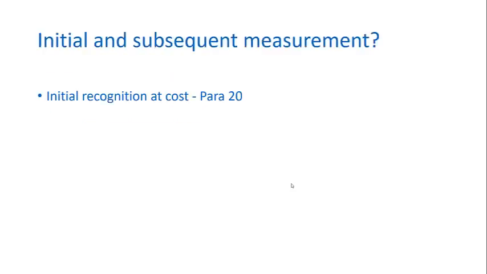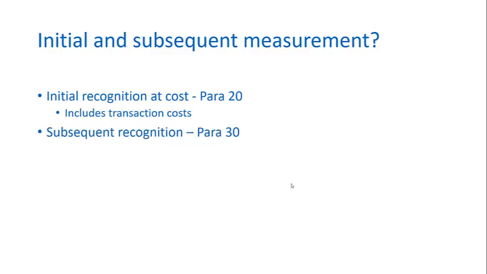So we initially recognize an investment property at cost, and this includes transaction costs. And the intuition here is that whilst it might seem like this is saying it's going to be a cost standard, what it's really saying is that cost is the fair value at the date of the transaction. So we initially recognize the property at its transaction value.